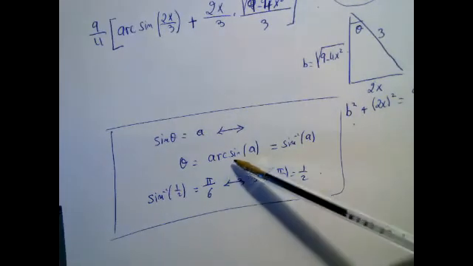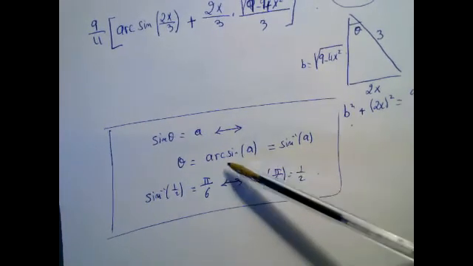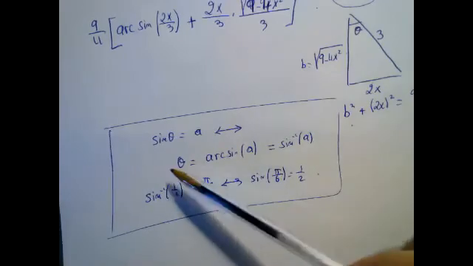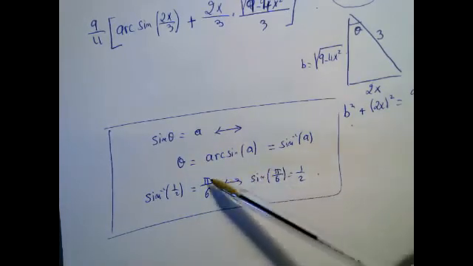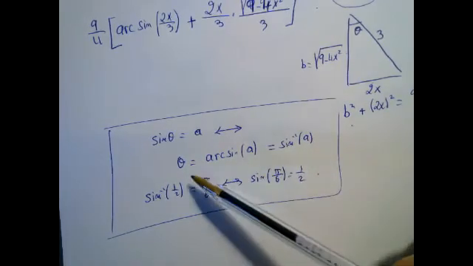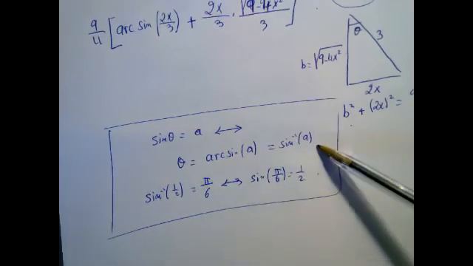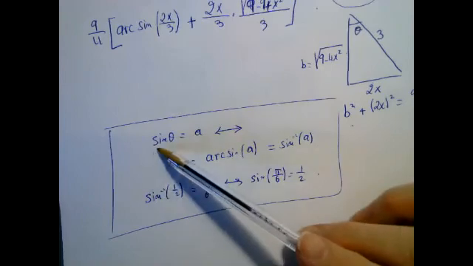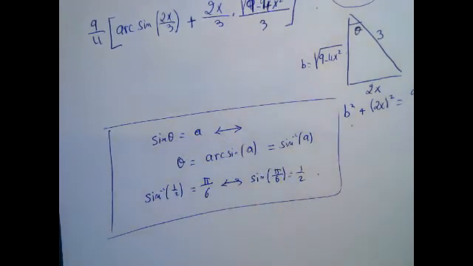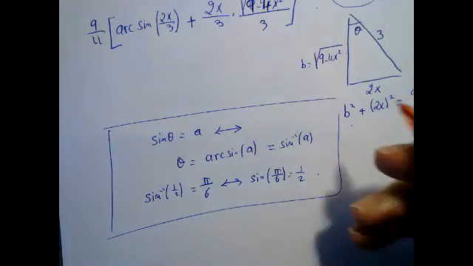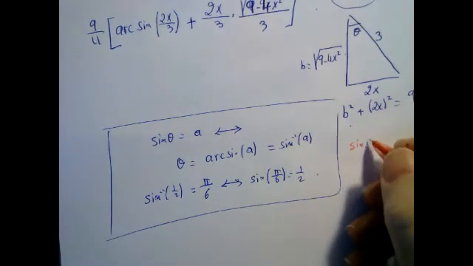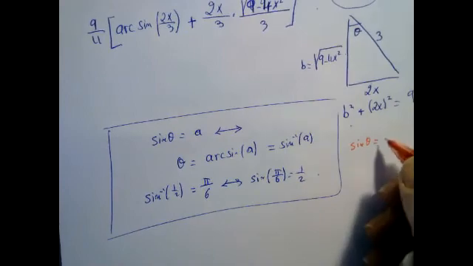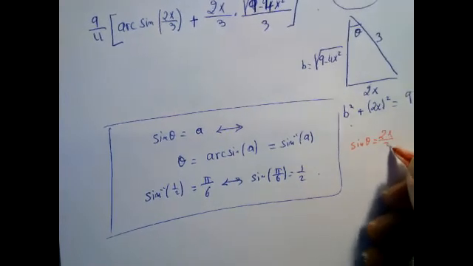So that's the definition. What's the arc sine of something? It's the angle whose sine is A. So sine inverse of A is the angle theta such that sine theta is equal to A. That's the definition of the arc sine. So in our problem, we had sine of theta is 2x over 3.